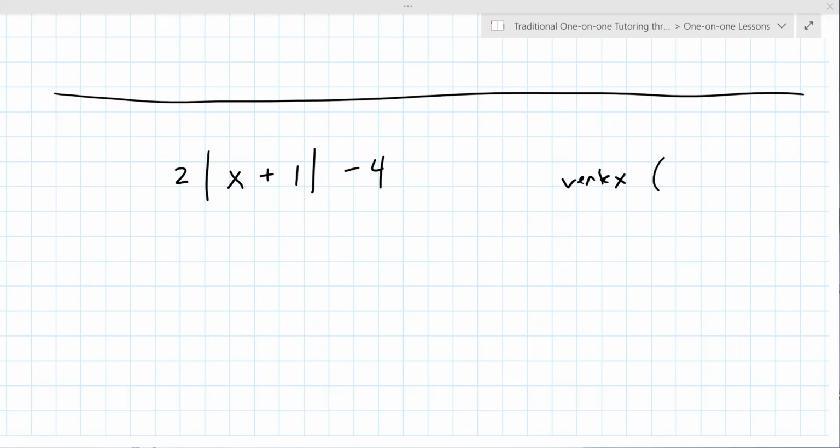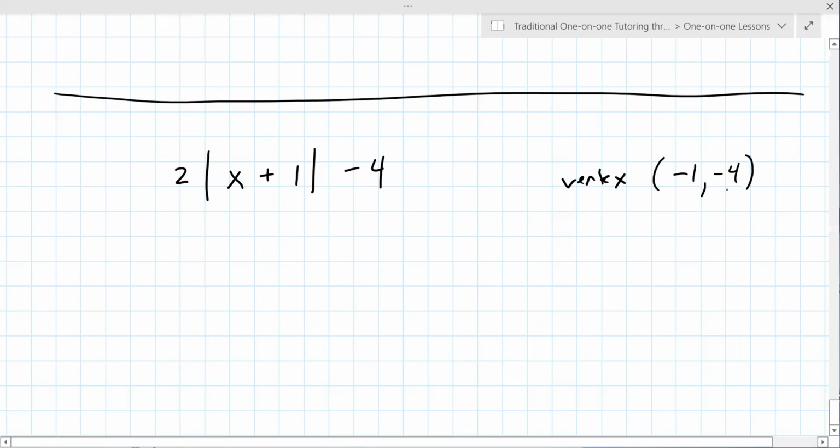The vertex is 2 numbers. What is the vertex in total? So it's an x and a y value. -1, -4. Yes. And what's the value of a? 2.